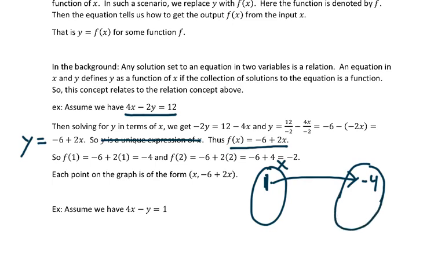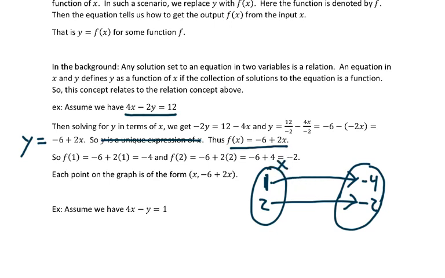And so, for instance, if you have 2, plug it into the equation, you get f of 2 is negative 2. In fact, if you were to graph it, every point on the graph would be of this form. You have an x, this is your y, and this tells you how to calculate your output, which is what y represents.